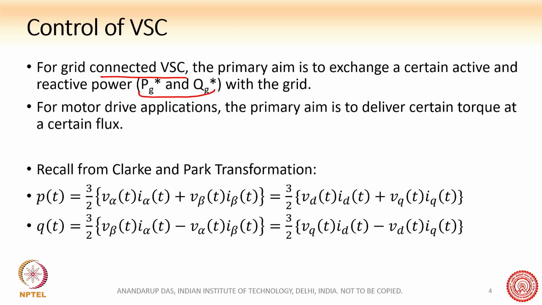The same concept is also applicable for motor drive applications. The model of the converter and the model of the motor are slightly different, so the plant model is a little different, but the basic control philosophy remains the same. For the motor, the voltage source converter has to deliver a certain amount of torque at a certain flux level. This is not the aim of this course, so we will not talk about it.